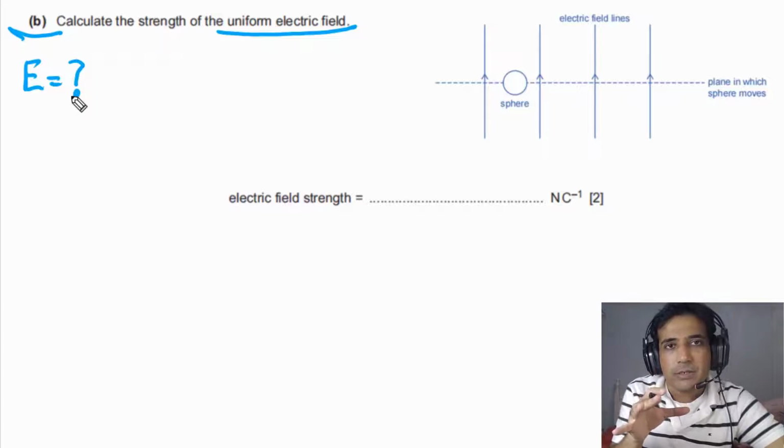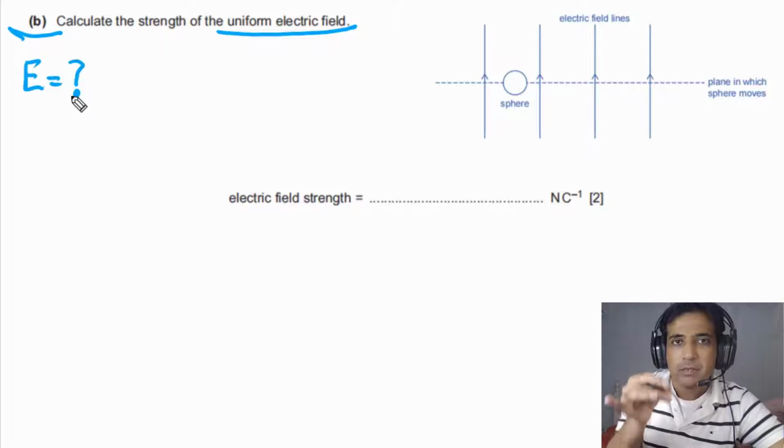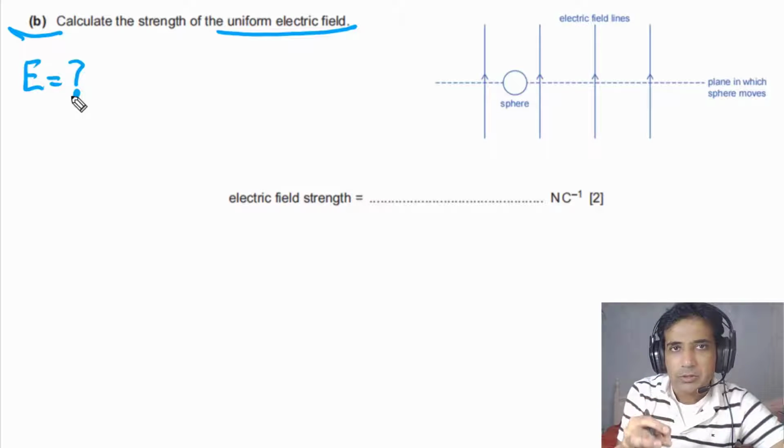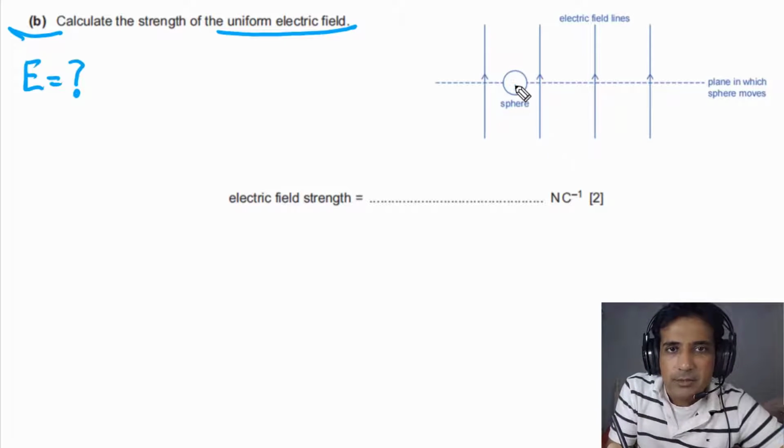For this question, it is given to us the particle is moving in a horizontal plane. It simply means that the particle is not moving vertically up, the particle is not moving vertically down. Or simply we can say, in this case, the forces acting on this particle are balanced. Now we need to understand the forces acting on this particle. First thing you need to understand, this particle has a mass. So it means weight is acting vertically downwards, meaning gravity is acting vertically downwards.